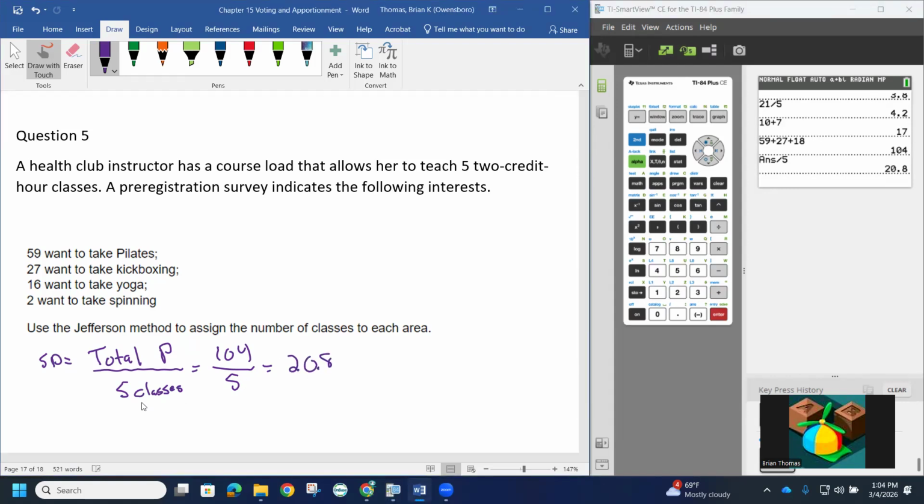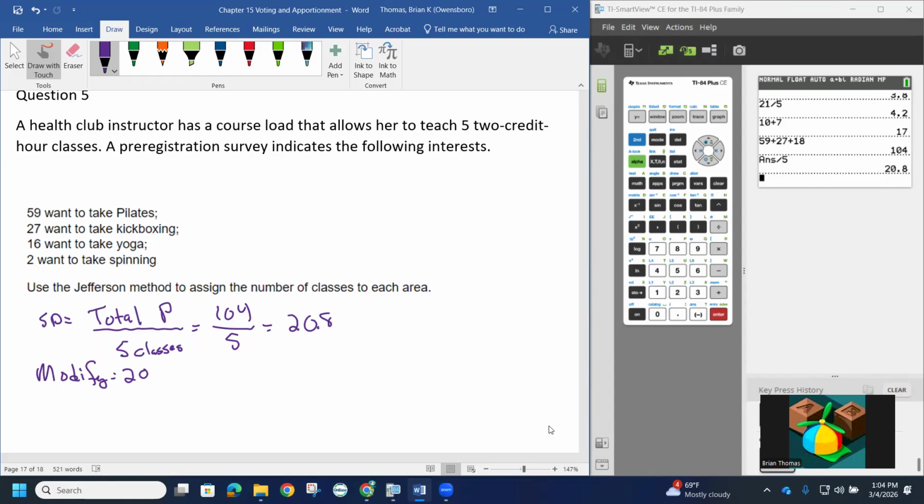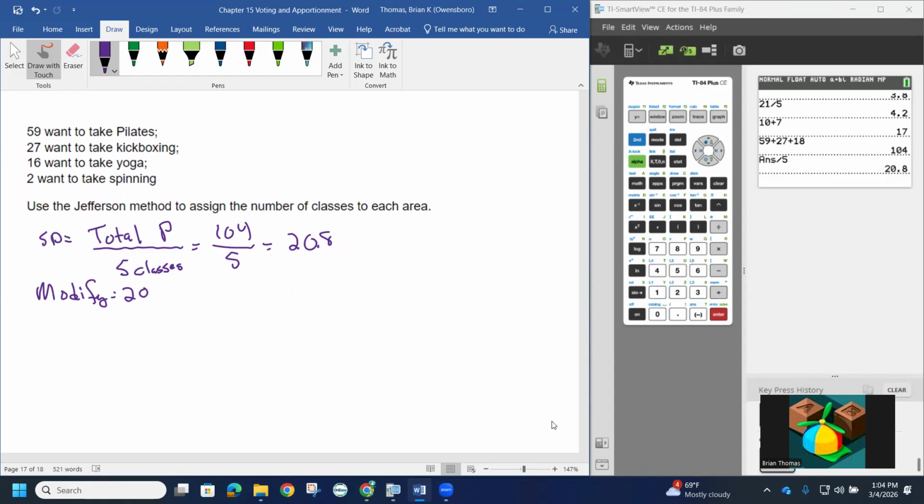Now, we want to modify our divisor. So let's go ahead and round it down to 20 to start with, because it usually has to be rounded anyway. So now let's go to the Pilates, and we want to do 59 divided by 20.